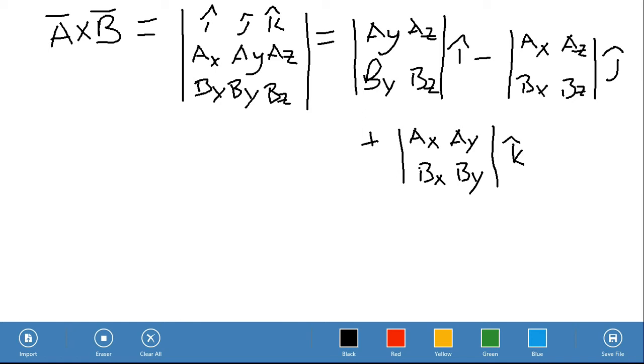And what you should end up getting, if you recall how to take a 2 by 2 determinant, you can multiply these two together and then subtract after you multiply these two together.